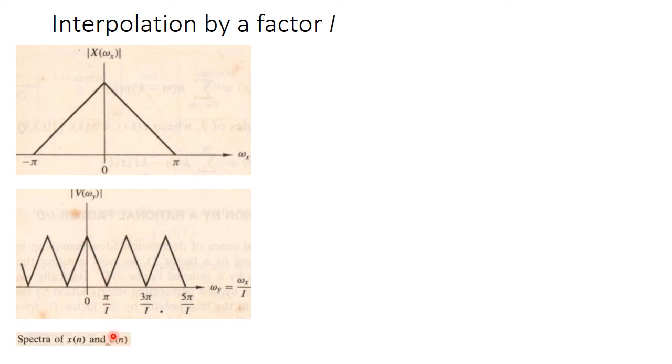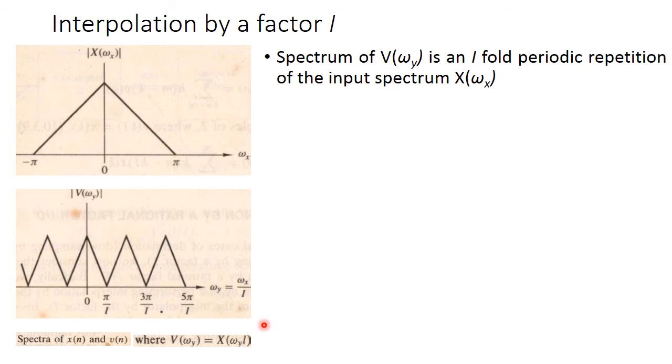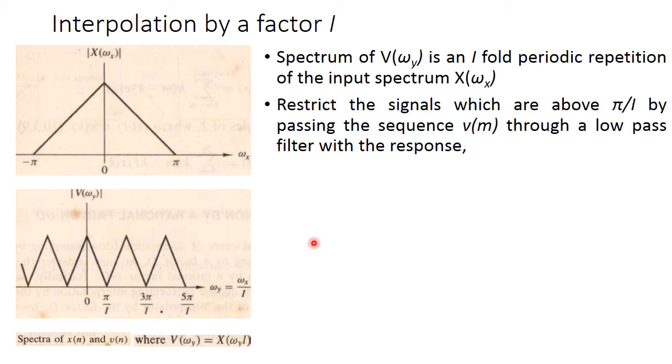These are the spectra of x of n and v of n, where v of omega y is equal to x of omega y into I. The spectrum v of omega y is an I-fold periodic repetition, as you observed here. Now we need to restrict the signals which are above plus or minus pi by I by passing the sequence v of m through a low pass filter.